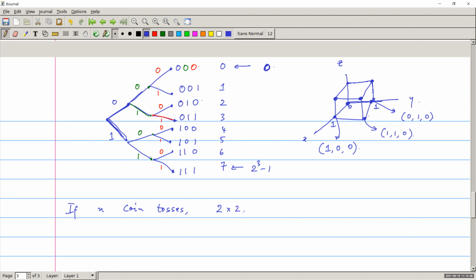The second coin toss multiplies it by a factor of 2 because each outcome fans out into 2 more. Then at the third coin toss, each outcome after two coin tosses fans out into 2 more. And so on. At the end of n trials, you have 2 multiplied by itself n times, so there are 2 to the n different outcomes.